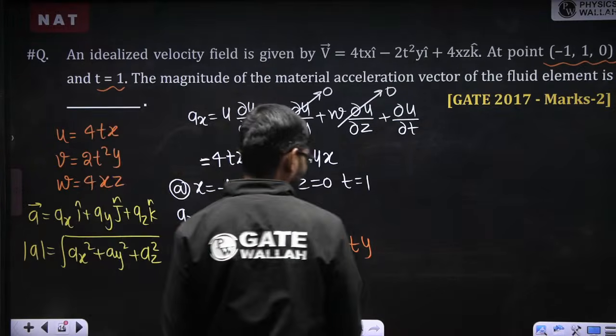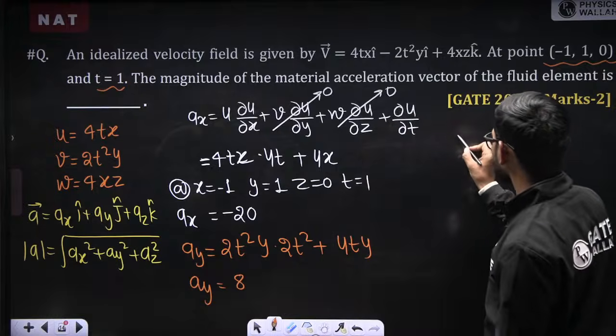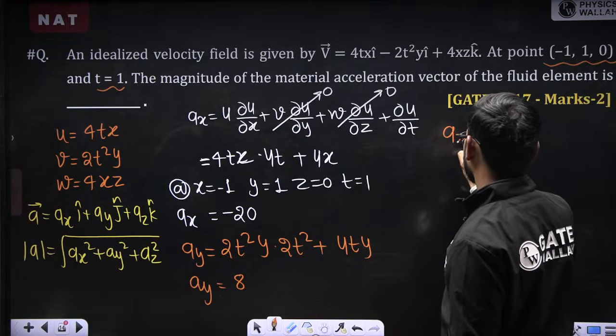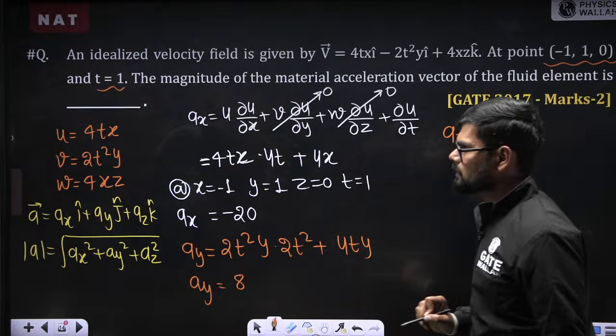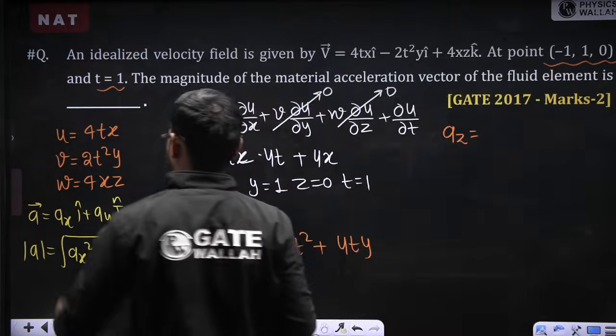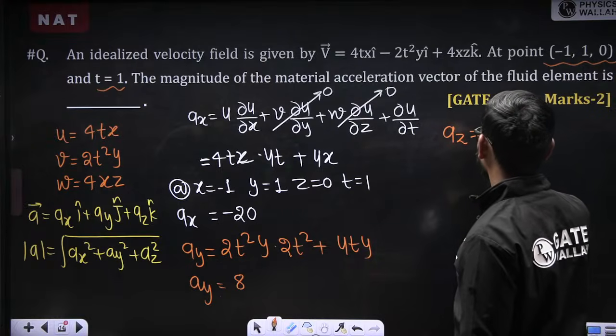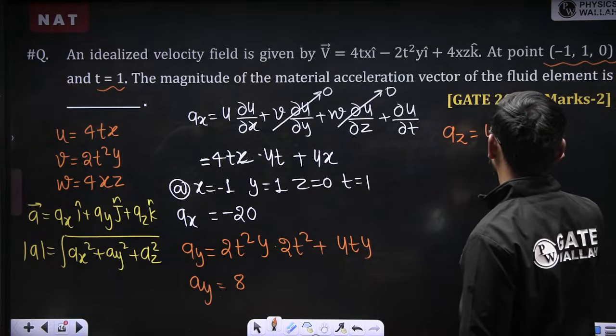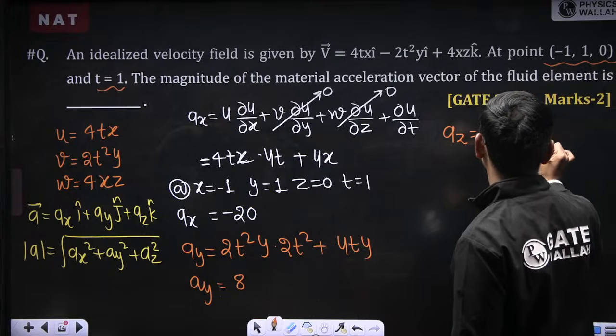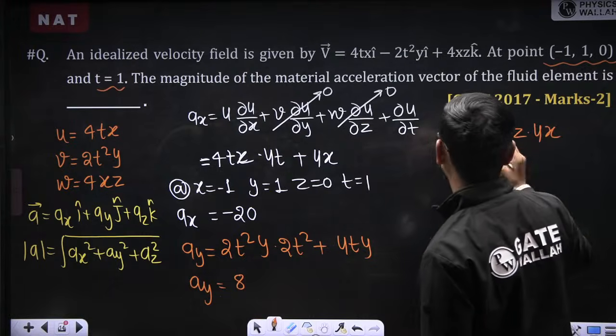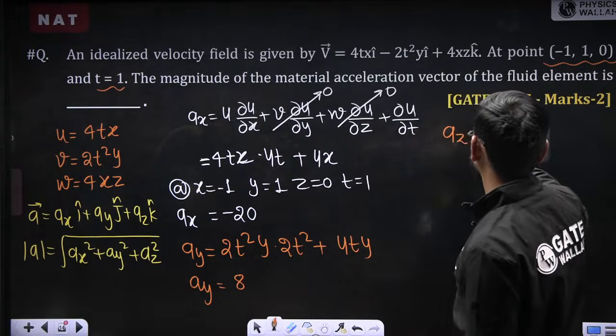AY value, tell me whether it's correct or wrong. Similarly, AZ value I'll calculate. w is 4xz, so it is a function of z, and also a function of x.